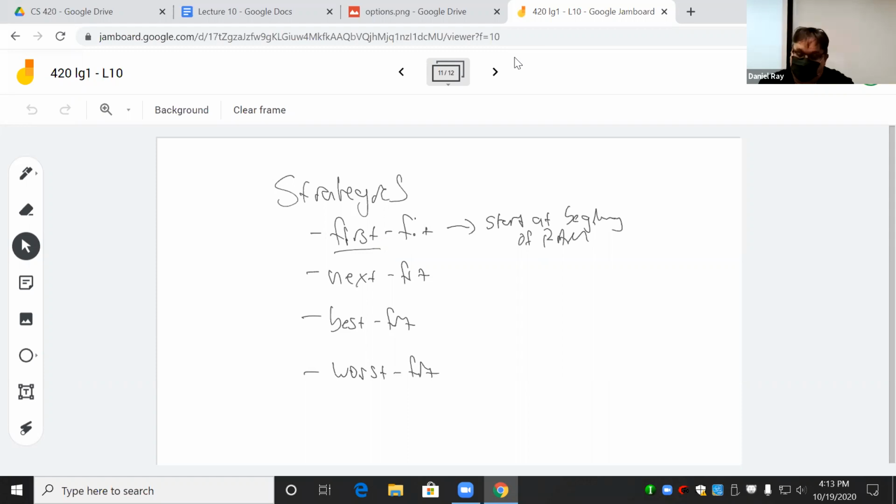And we haven't talked about how those holes are maintained, but you can imagine that there's a dynamic data structure. It's not too hard to imagine one. A dynamic data structure that keeps track of where the start of each hole is and where the end of each hole is, and then therefore it's no big deal to figure out how big the hole is, in RAM. So first fit, starting at the beginning of RAM, find the first one that fits.